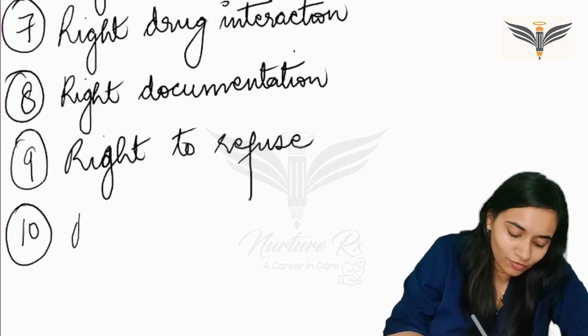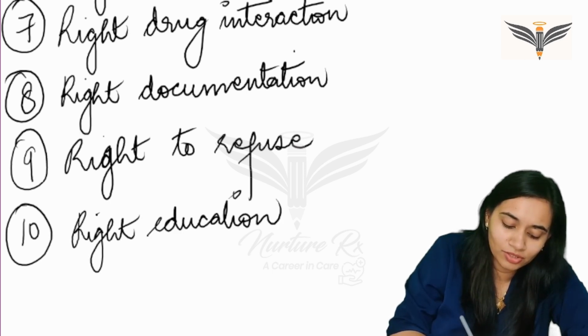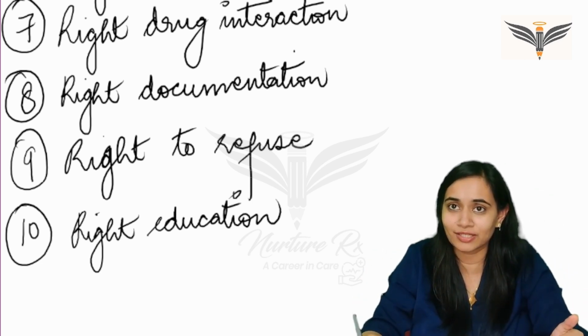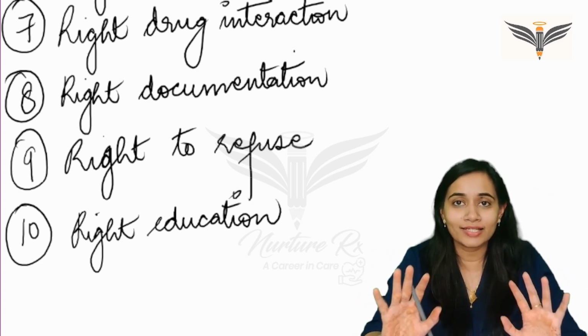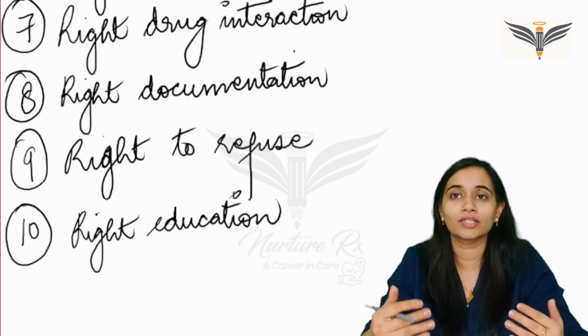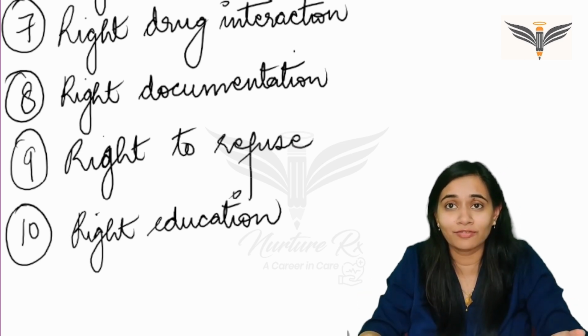Okay. So for that, what is important? Right education. You should know everything about the drug, and the same information you have to give to the patient. Now the patient has the right education regarding the drug. What is the mechanism of the drug? What are the side effects of the drug? What is the actual effect of the drug?